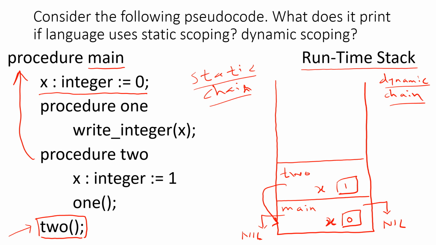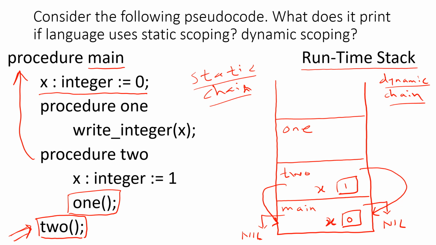Likewise, I want to know the dynamic parent of 2, and the dynamic parent of 2 is also main. Why? Because 2 is called by main. So the dynamic parent for 2 is main. Then from 2 we are giving a call to 1, as you can see over here. So now we have procedure 1. Now 1 does not have any variable declared in it, but procedure 1 will have its static link and dynamic link.